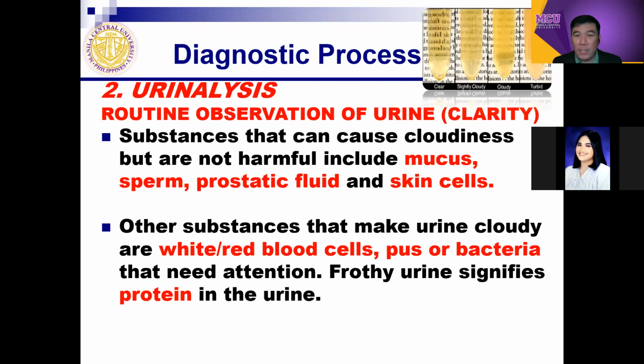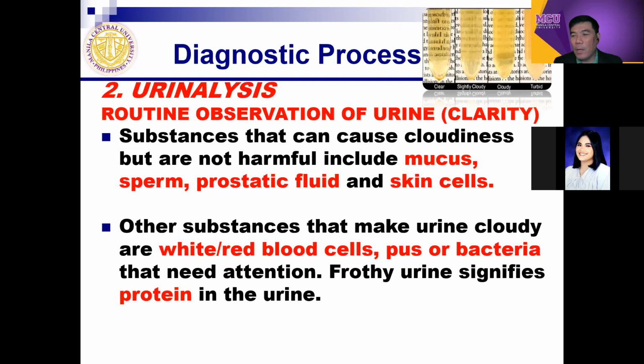And if the urine is frothy, what do we mean by frothy? Mabula. Frothy signifies protein. The more frothy the urine, the chances of either high sugar content or yeast.